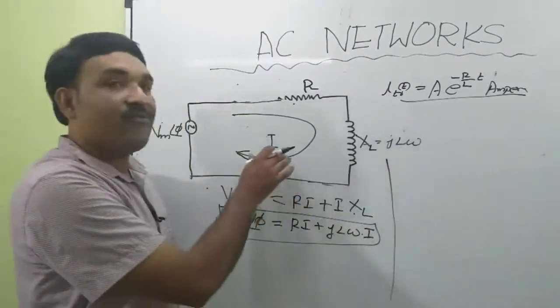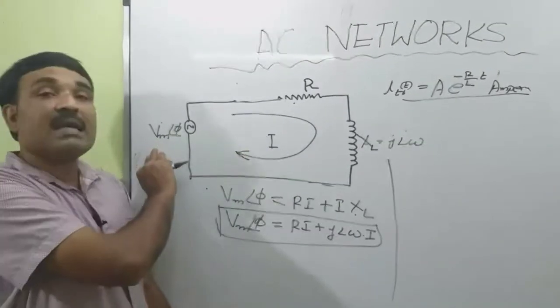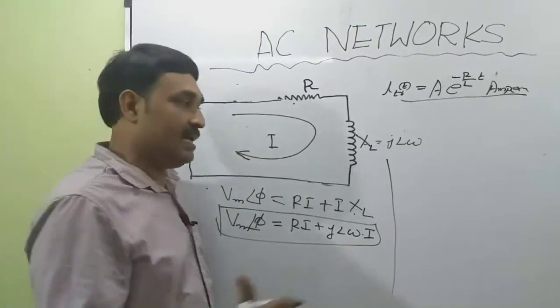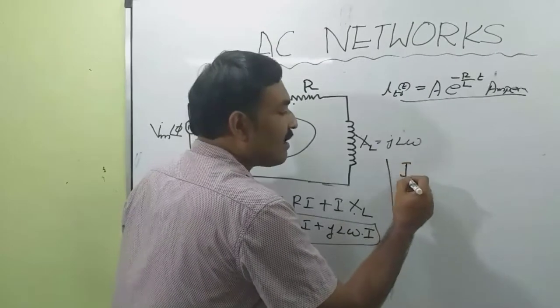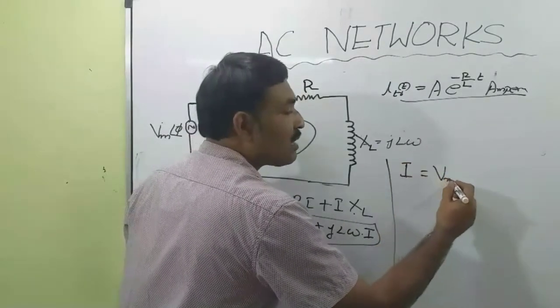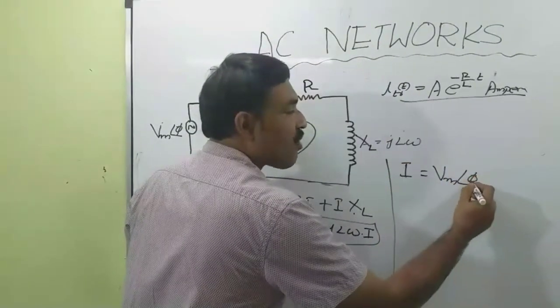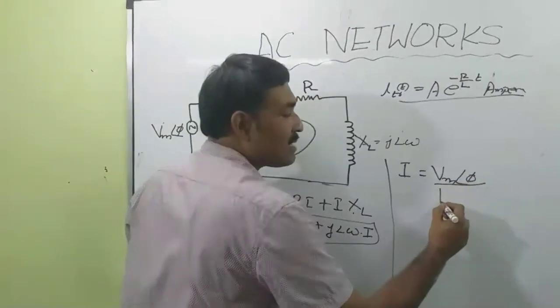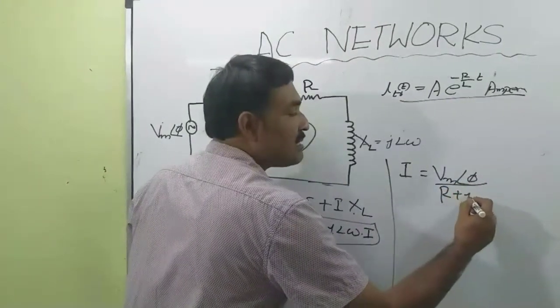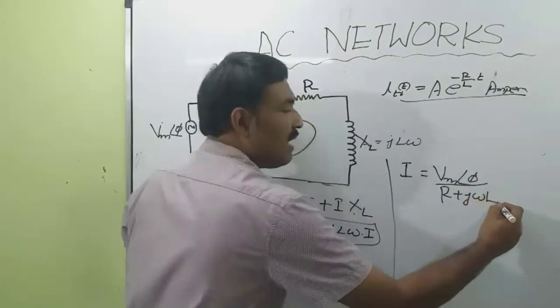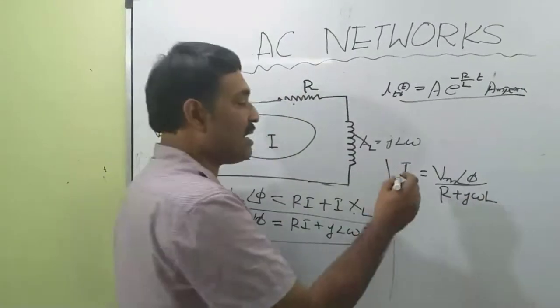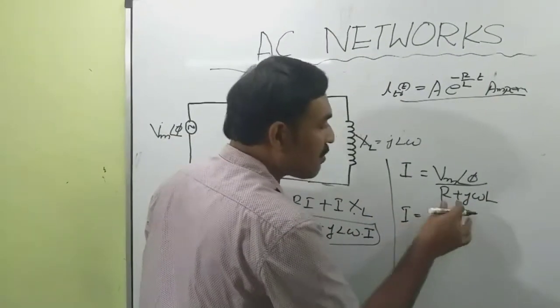Now the phasor current I is equal to voltage divided by impedance. So we can write the current I equal to the voltage, Vm at an angle phi, divided by the impedance, R plus j omega L. We can write this in polar form as magnitude and phase.